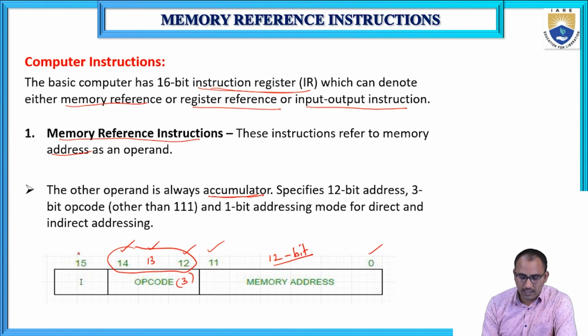The last bit, the 15th bit, is represented with I, that means the indirect bit. It is used to decide whether the instruction has a direct address or an indirect address. If I is equal to 1, it is an indirect address, and if I is equal to 0, it is a direct address.